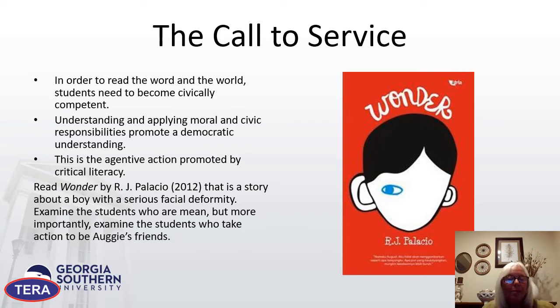And a book I believe that most everybody knows is the book Wonder, and it's a story about a boy with a serious facial deformity. I read this book so that my students can examine who are the characters in the story who are mean, but more importantly, to examine the students who take action to become Augie's friends.